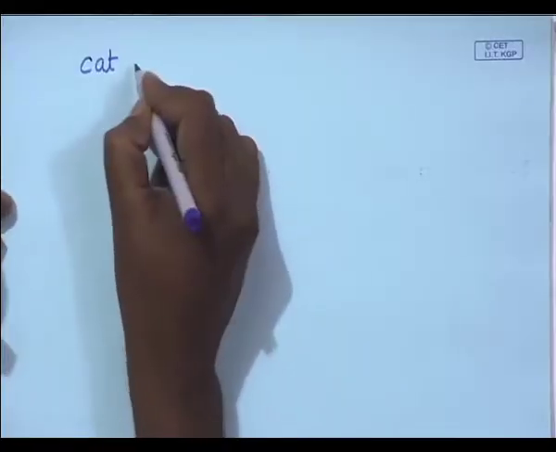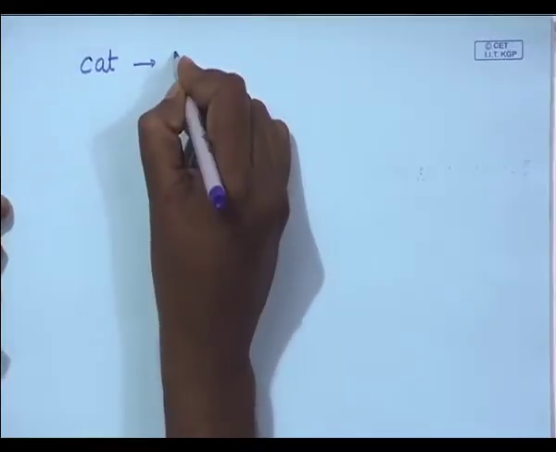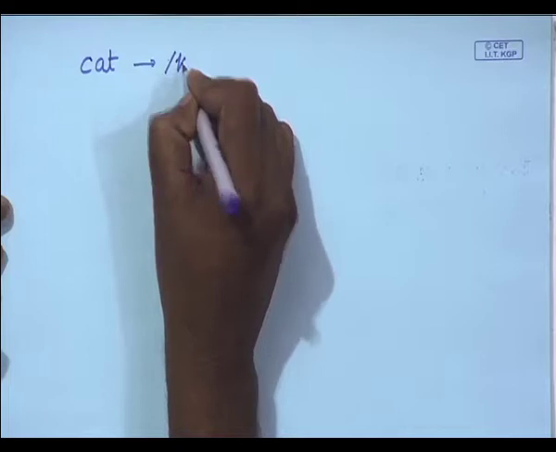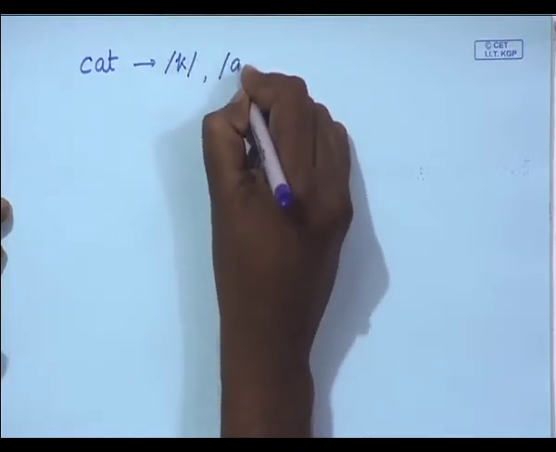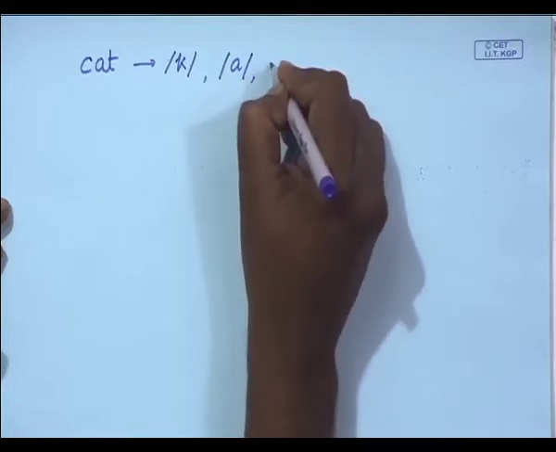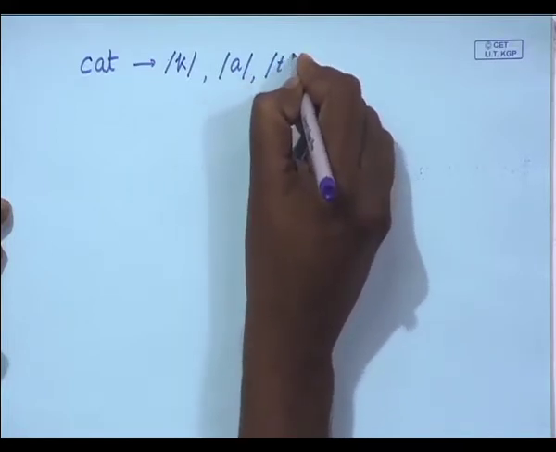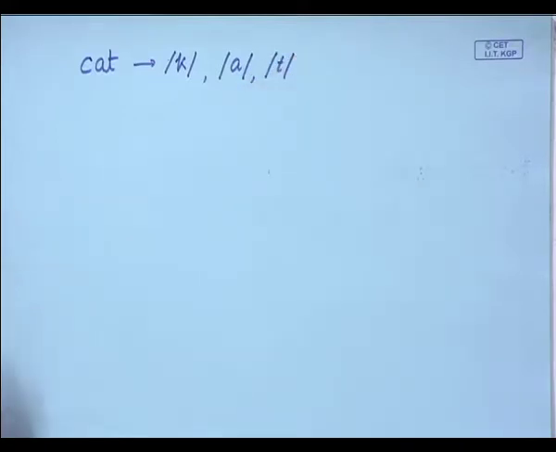So, if I utter these phonemes in this sequence, ka, a, ta, I pronounce the word cat.